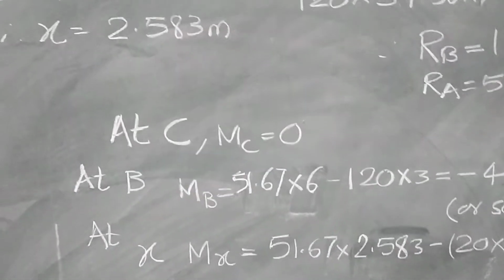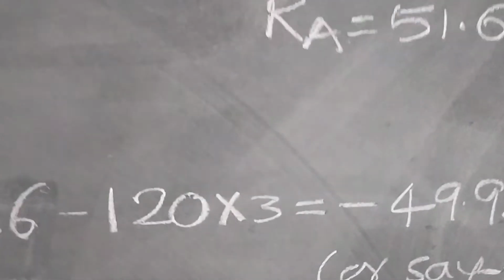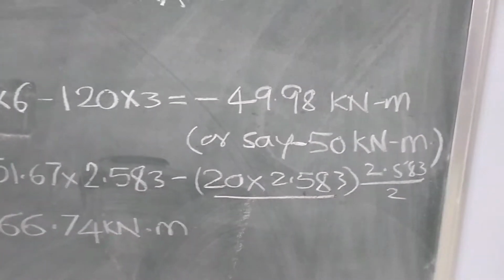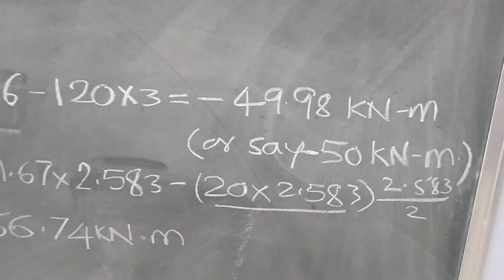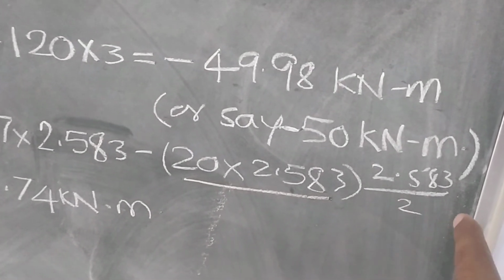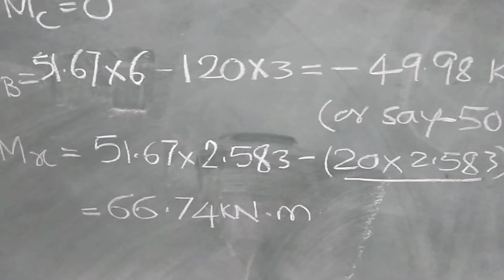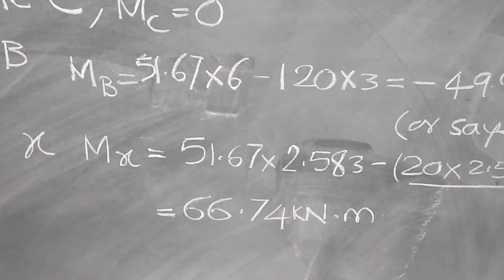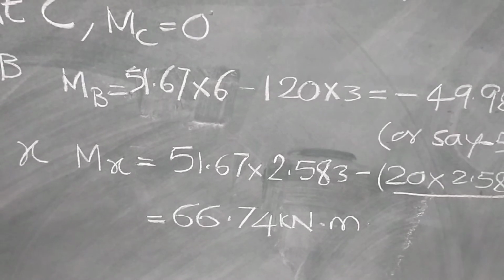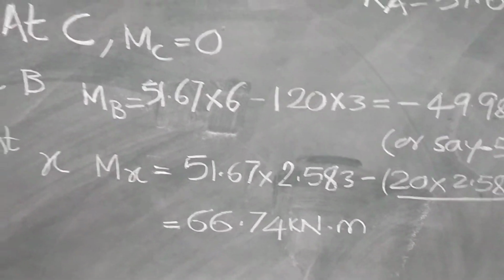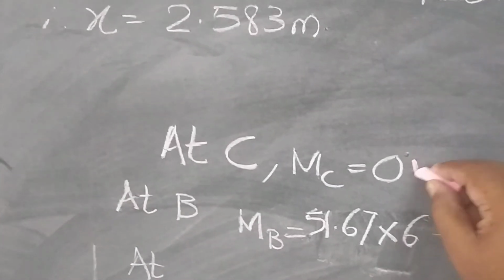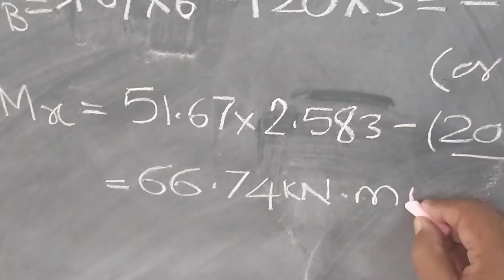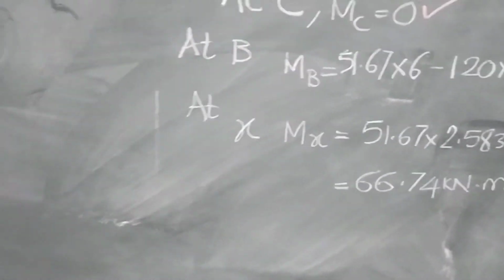So this is nothing but intensity of UDL into distance of UDL by 2 because it will act at midpoint. So into 2.583 by 2. That will give us maximum bending moment as 66.74.